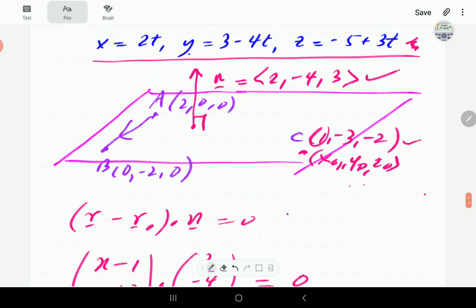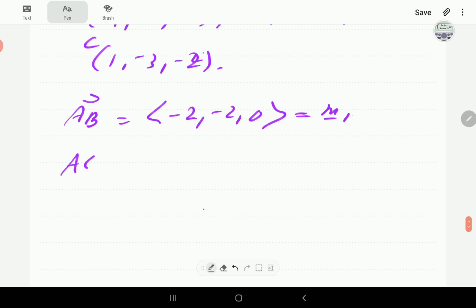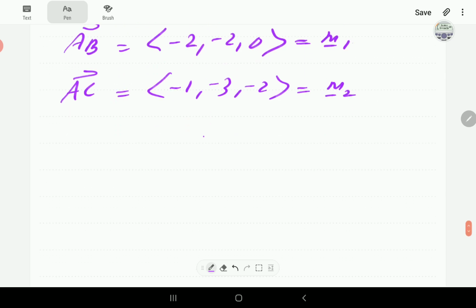Then AC is going to be (-1, -3, -2). So AC is (-1, -3, -2). We're going to use that as our M2. And then we can write this equation, lambda M1 plus mu M2.